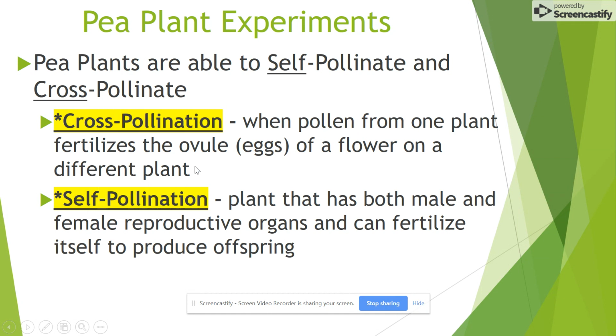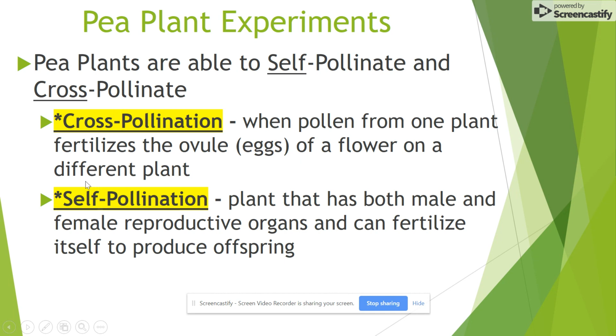So in cross-pollination, it involves two different plants. Again, a male plant and a female plant will connect the pollen and the eggs together to create a new genetically unique plant that has half of the father's DNA and half of the mother's DNA.